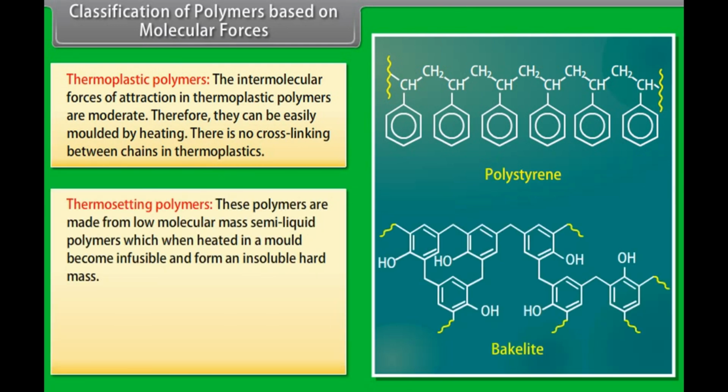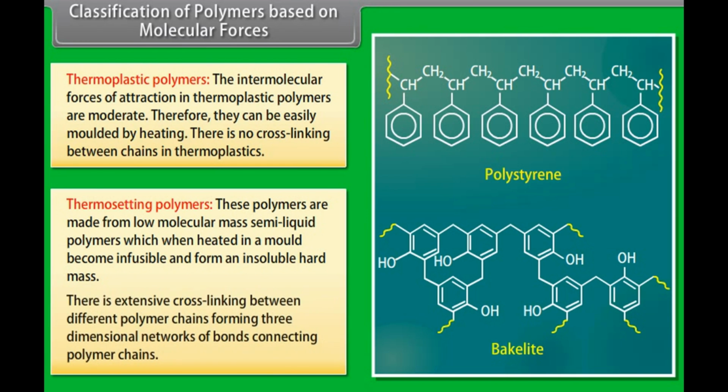These polymers are made from low molecular mass semi-liquid polymers, which when heated in a mold become infusible and form an insoluble hard mass. There is extensive cross-linking between different polymer chains, forming three-dimensional networks of bonds connecting polymer chains. For example, bakelite.